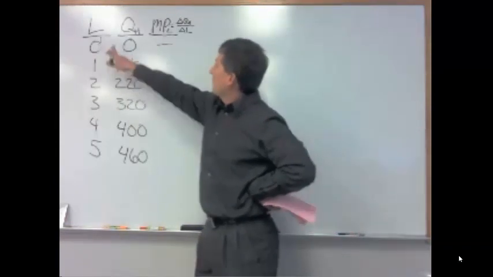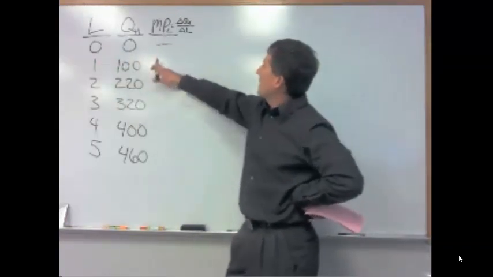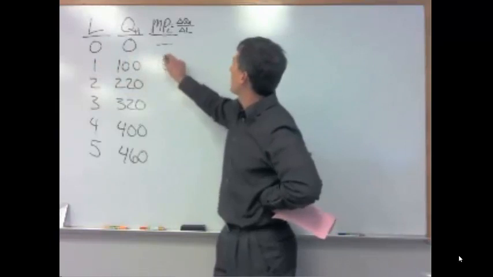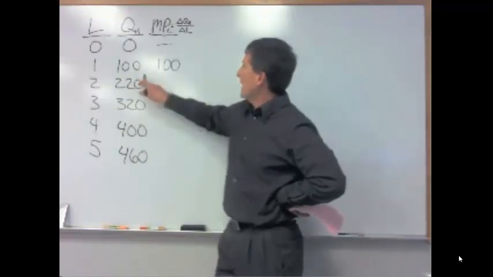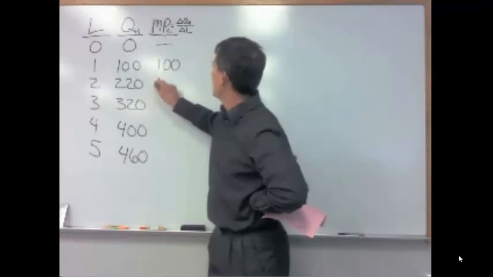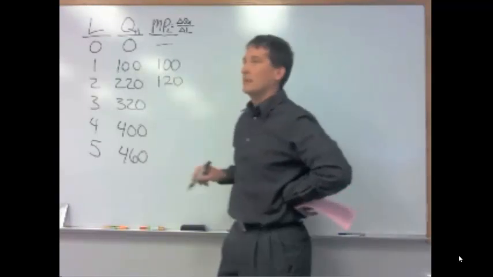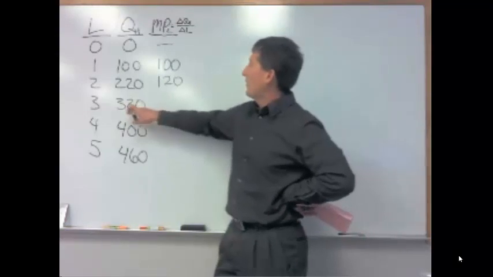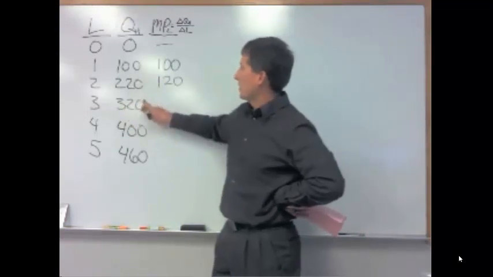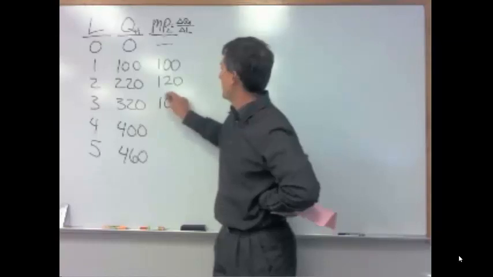But now we've got the first person bringing on 100 hamburgers. The second person gives me 120 more. The 3rd person, starting from this point to this point, adds another 100.